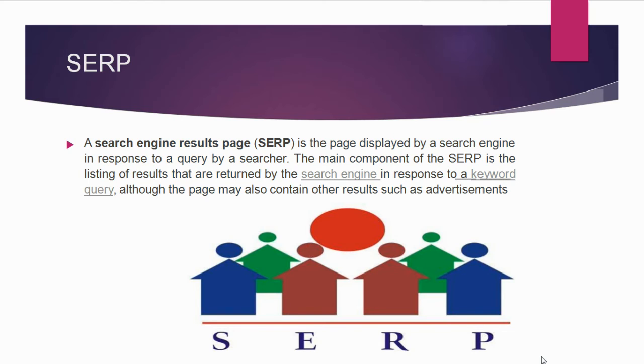Let's say you type something on Google and you want results. You're on Google and you want a particular search. Let's say you are searching for iPhone 11, or for something you probably don't know the name of, like the latest phone.